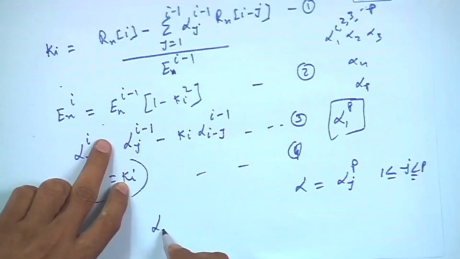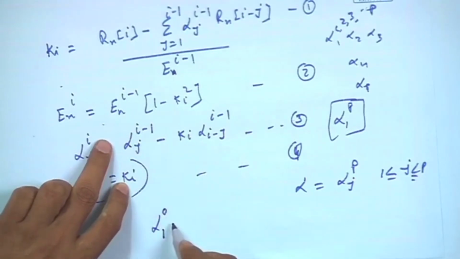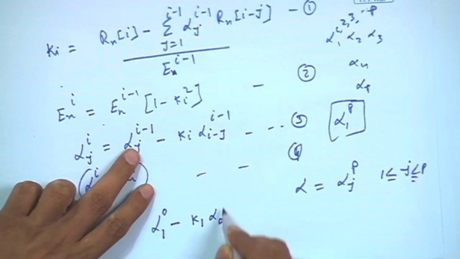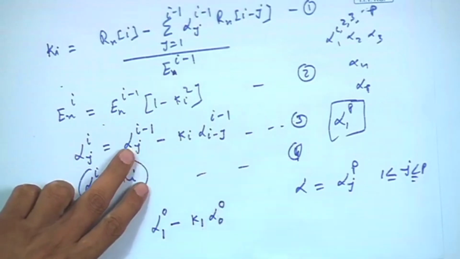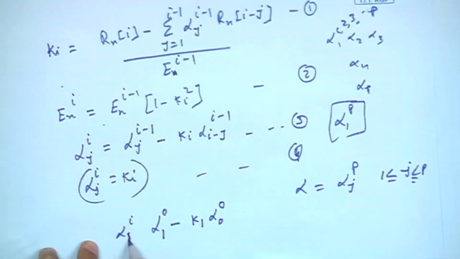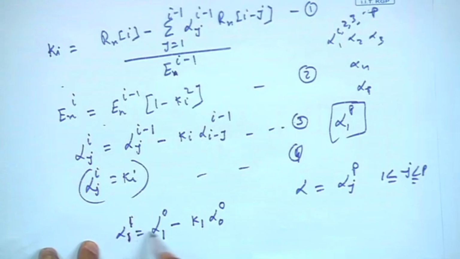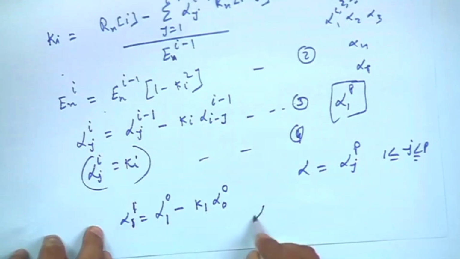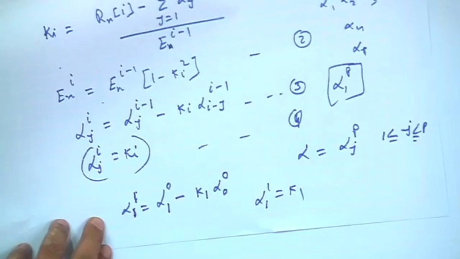So, it is alpha 1 0 minus K 1 alpha 0 0. I can get alpha 1, and alpha 1 1, then I can say alpha 1 1 is equal to K 1.